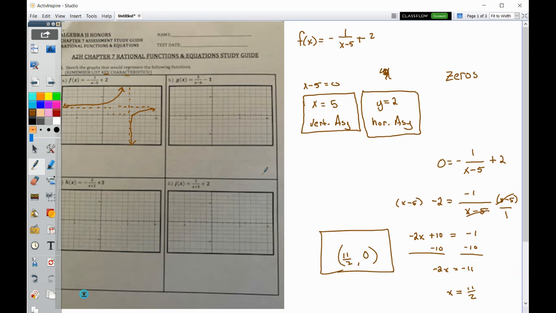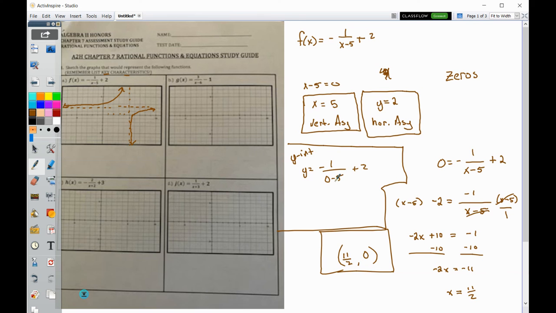You can also plug in some other numbers. You could plug in a 0 for the x to find where it crosses the y-axis. That might be another thing that you'd want. So the y-intercept means I'm going to put a 0 in for the x, and I say y equals negative 1 over 0 minus 5, plus 2. 0 minus 5 is negative 5.